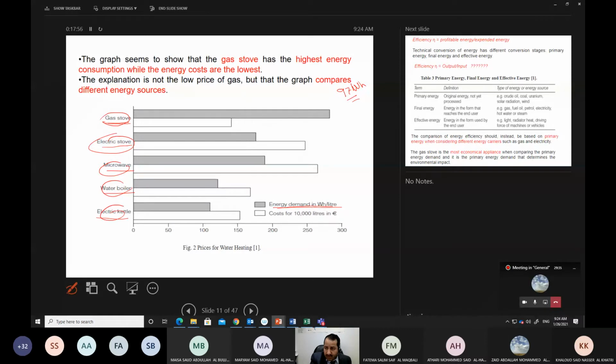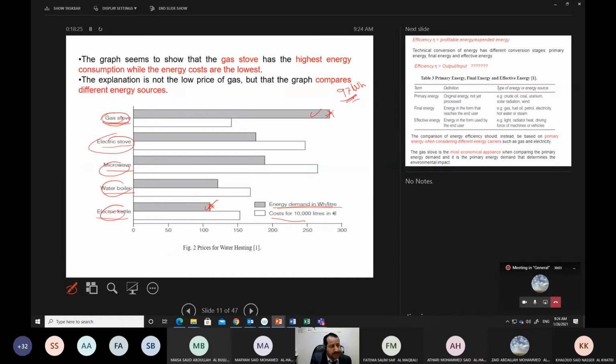And the unshaded one is the cost. Let me talk about the shaded one first. If you look here, you will see that the gas stove has the highest energy consumption, and the lowest energy consumption is the electric kettle. So here we use more energy to get 97, and here we use less energy to get 97.